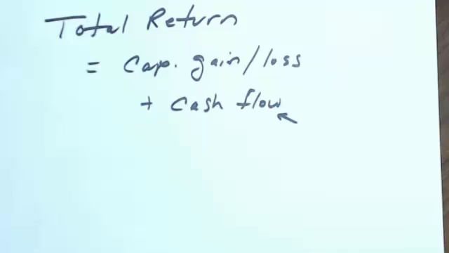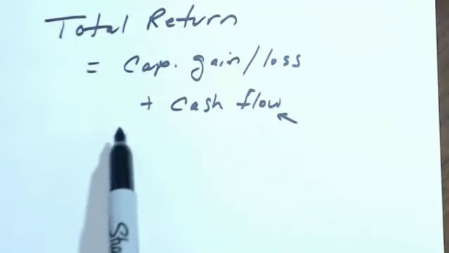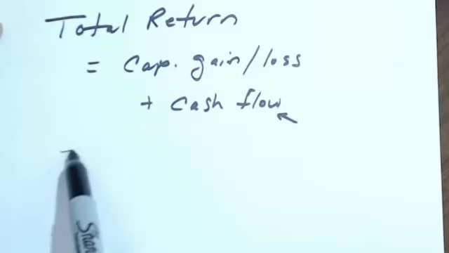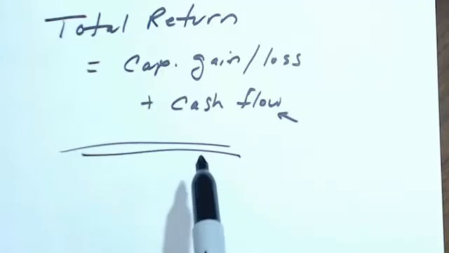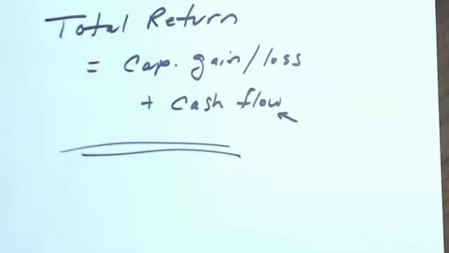Your cash flow would be net in this example: your rent income minus your cost of upkeep and maintenance of the property. So this total return is a very valuable and useful thing in finance. That's what we want in finance. We want to look at total returns. And the point is, there are only these two components. There's no other component to a total return, just these two.